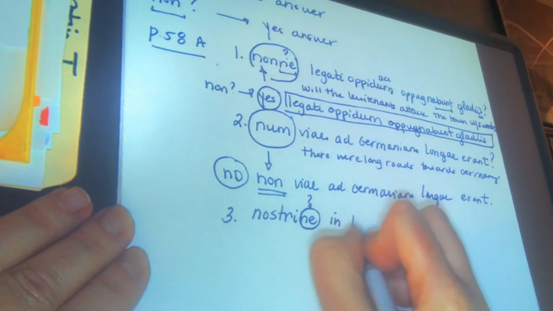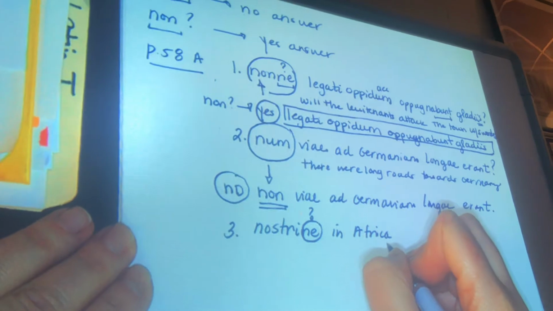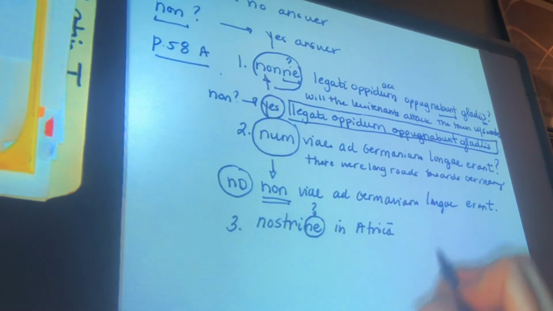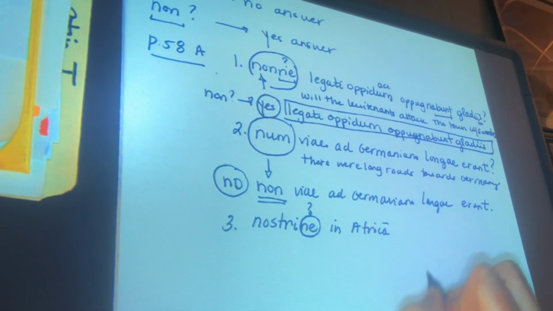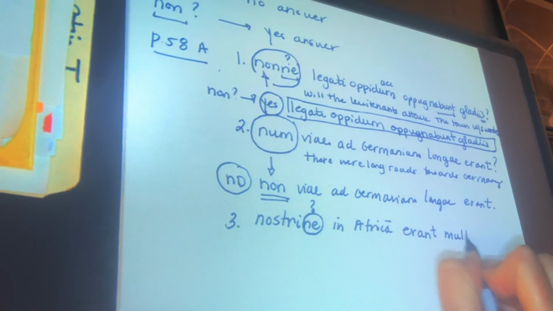In Africa, again, we're declining that because it's a proper noun, all nouns get declined. In Africa, erant, multi.